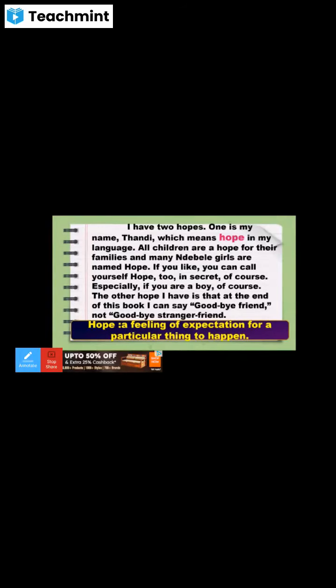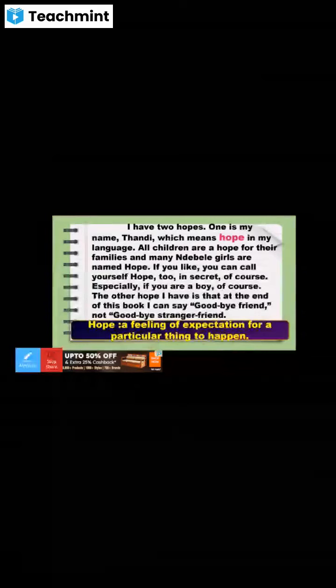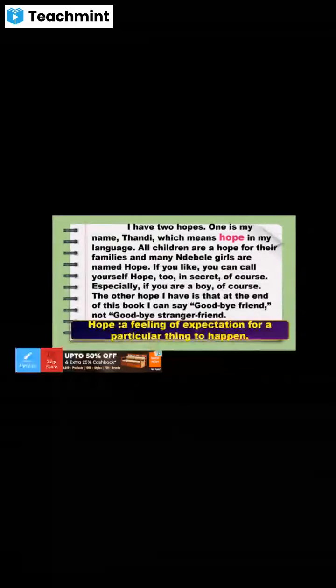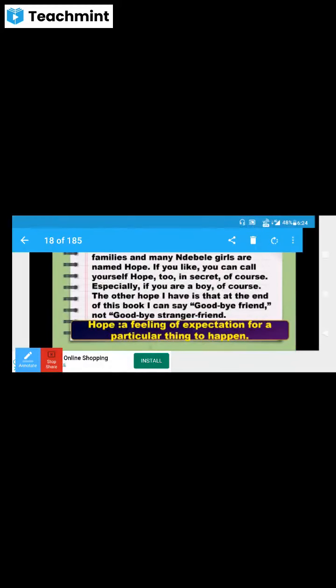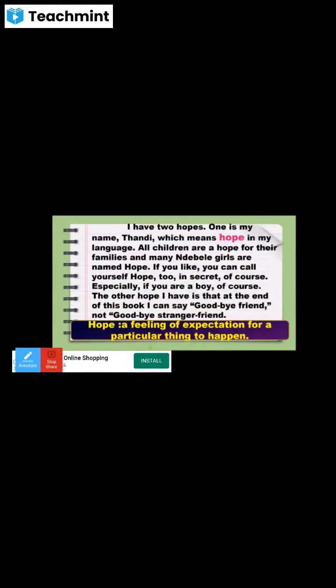So here she has two hopes. I have two goals, two dreams like this. One is my name. Who is that eight-year-old girl? What is the eight-year-old girl's name?